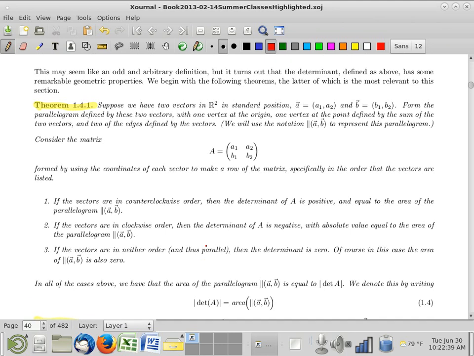We're going to start off with a couple of vectors. Suppose I have a vector A and a vector B. These are two-dimensional vectors, right? 2 components, A1, A2, B1, B2. Let me draw a little picture up here.